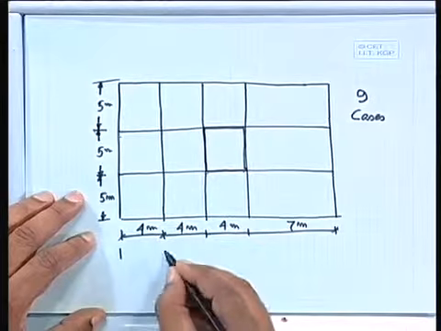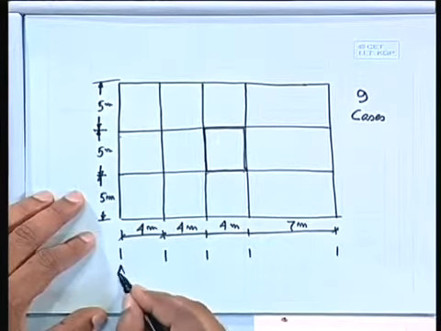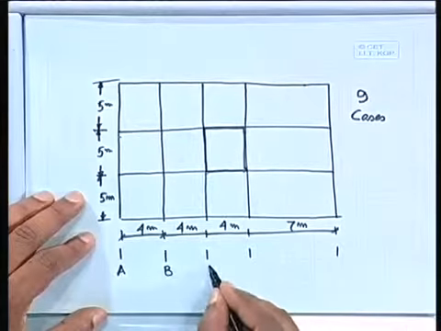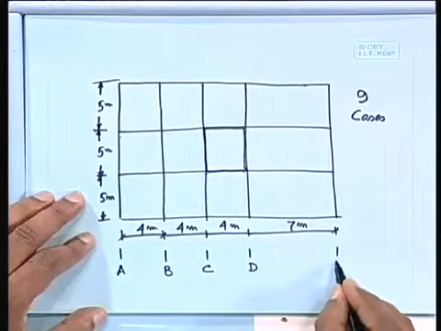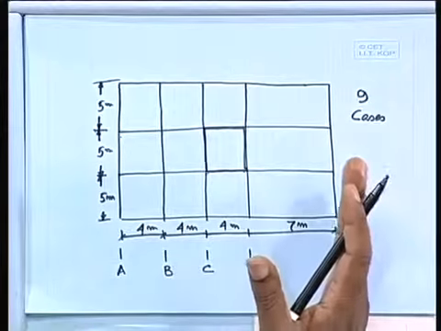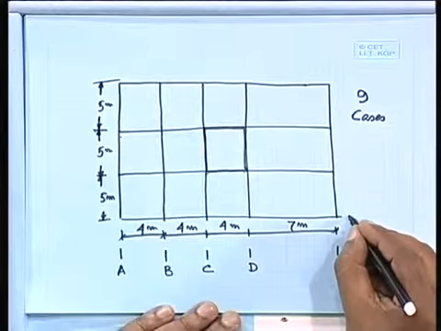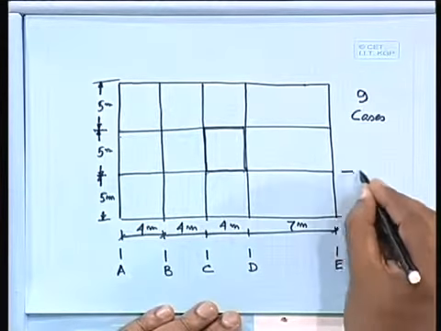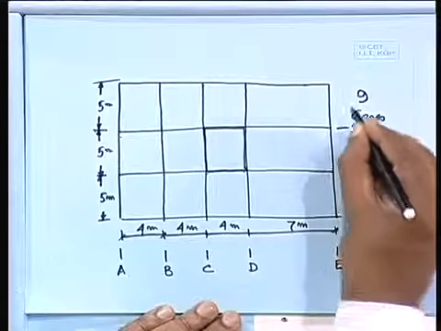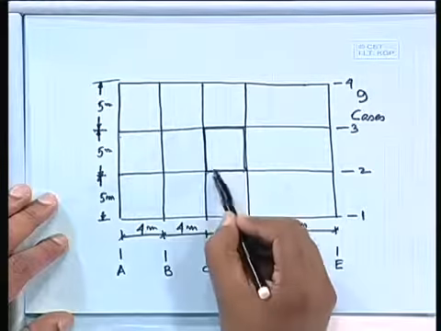To be more specific, let us give certain dimensions. We generally specify panels like this: A, B, C, D, E, depending on the column position or some other break or bend, and on this side we write 1, 2, 3 and 4. So what is this panel?